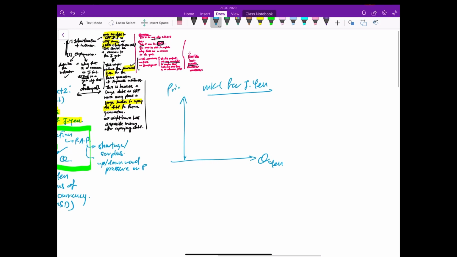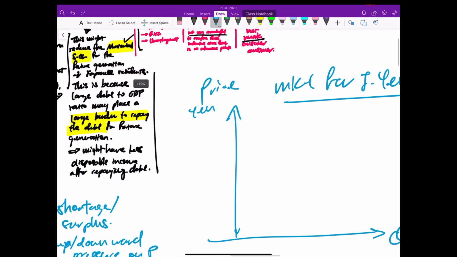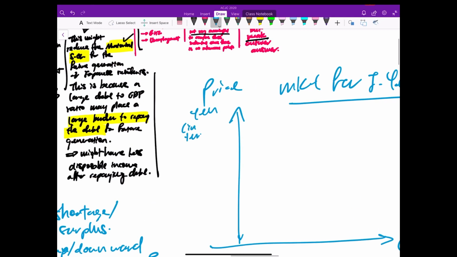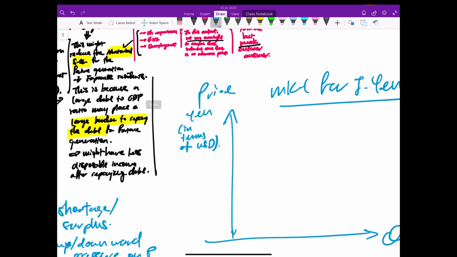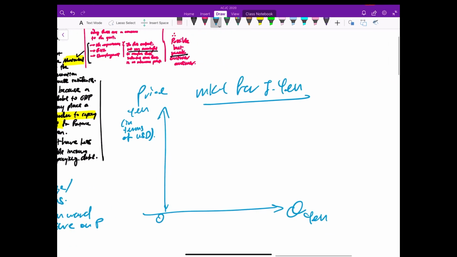This is the price of yen in terms of the USD. It's not just the USD, it's all other currency, but for the sake of illustration, to make it easier, we just say in terms of USD. So we have the demand and supply diagram. So this is the original P, which is the original exchange rate.